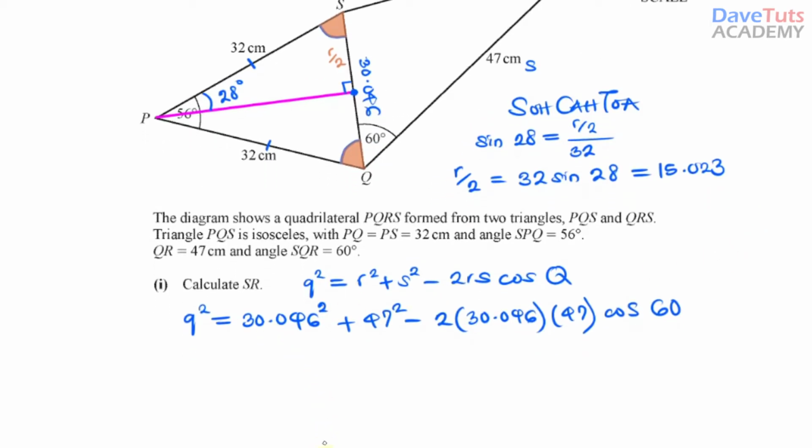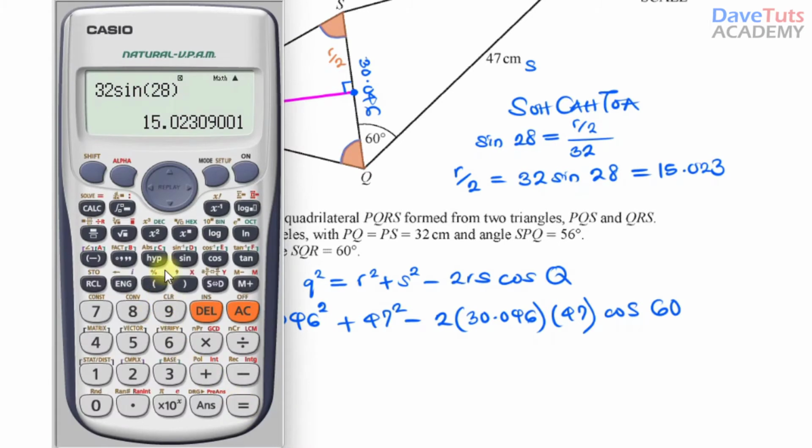So we can make use of our calculator: 30.046 raised to power 2 plus 47 raised to power 2 minus 2 multiplied by 30.046 multiplied by 47, then cos 60.